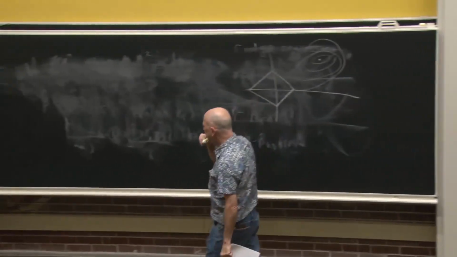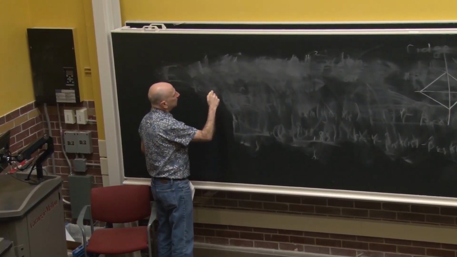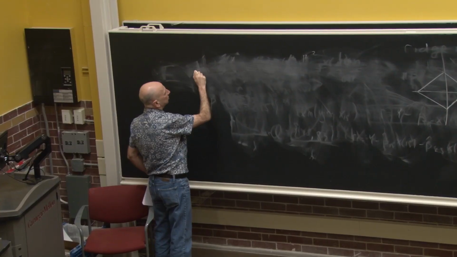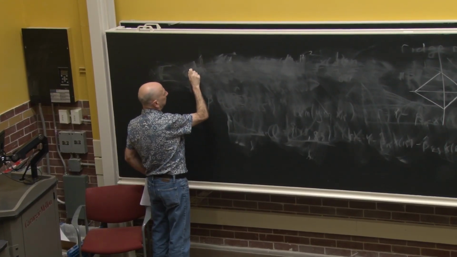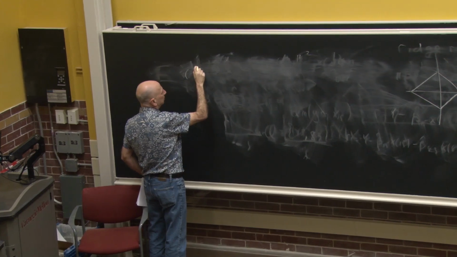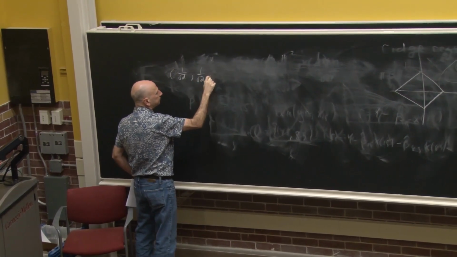Well, let's consider a few vectors. Suppose I have a vector that looks like 1 over root d, 1 over root d, and so on.